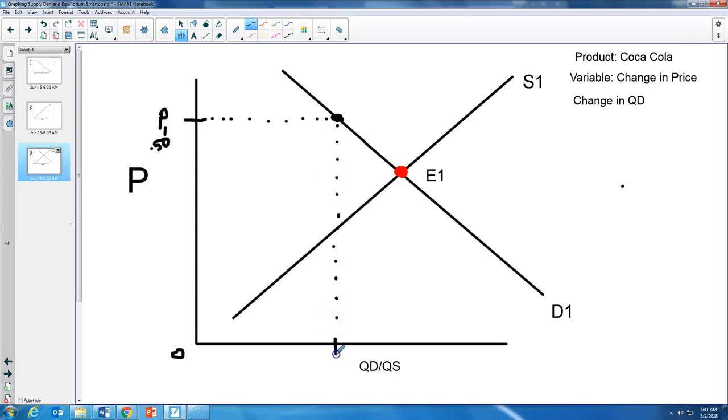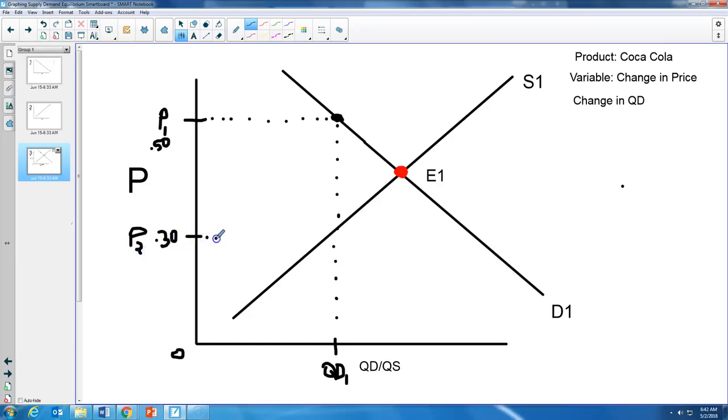What we get down here, we don't know how many Coca-Colas were being demanded at that price, but we're going to go ahead and just put QD1, and that'll represent whatever amount that was. And now we know that the price has dropped, so somewhere below 50 cents, we'll put 30 cents and call that price 2.